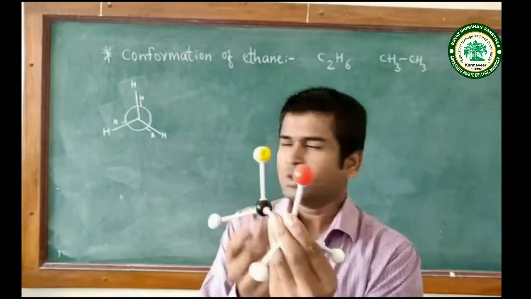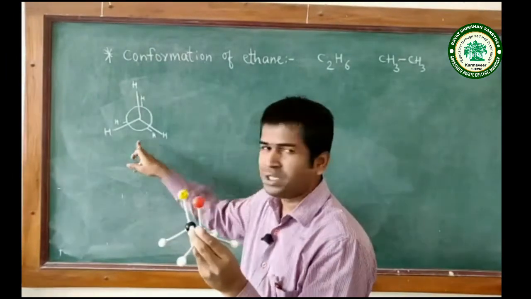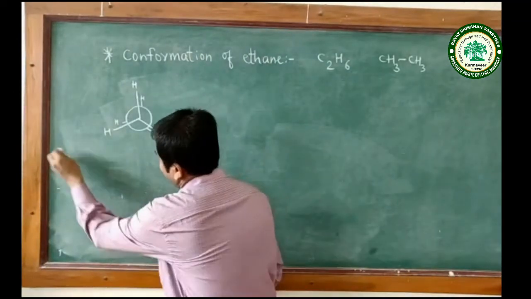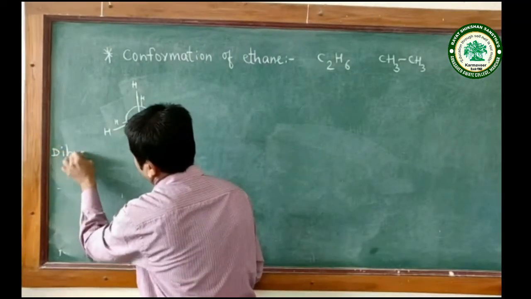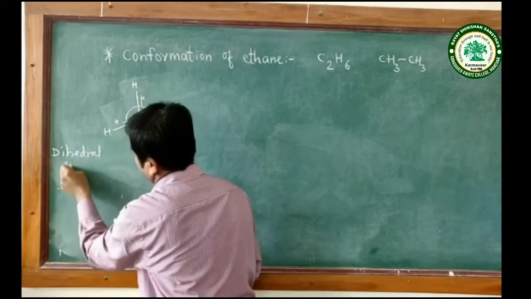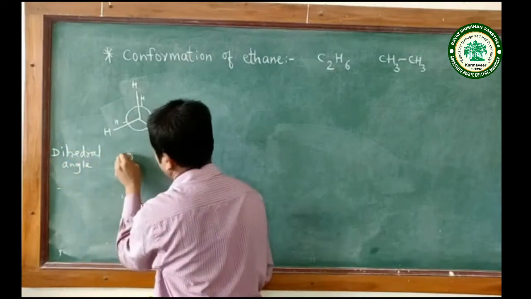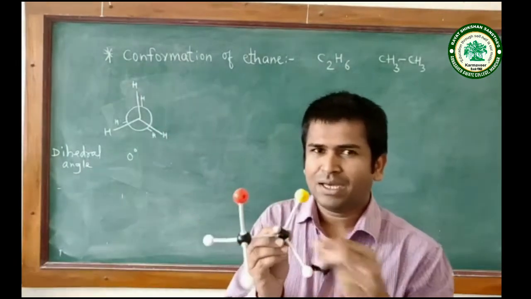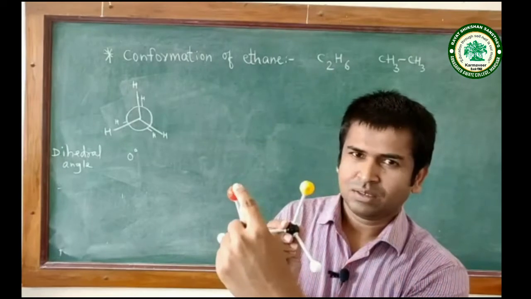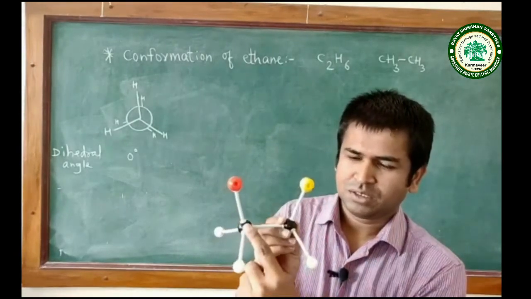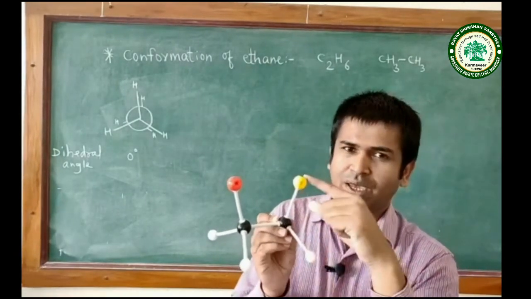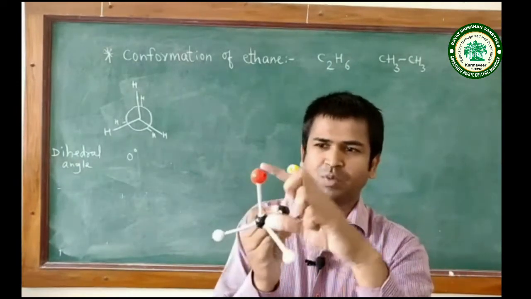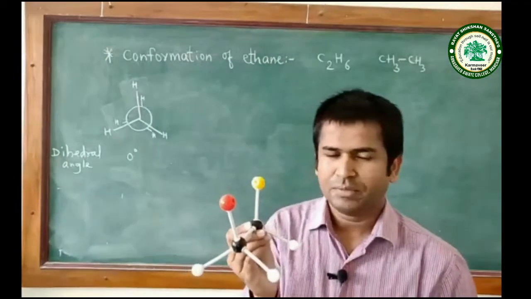So now this is the eclipsed conformation in which the dihedral angle is 0 degrees. The dihedral angle is the angle between H, C, C, H. So the angle between these two bonds, this bond and this bond, is 0 degrees.